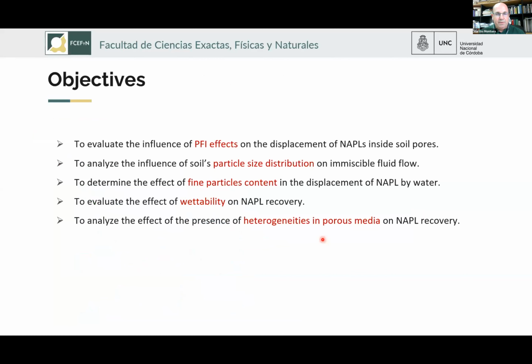So the objectives of our research were to further the comprehension of the particle-fluid interaction and NAPL displacement by water in natural soils. In order to do that, we analyzed the influence of soil's particle size on immiscible displacement.